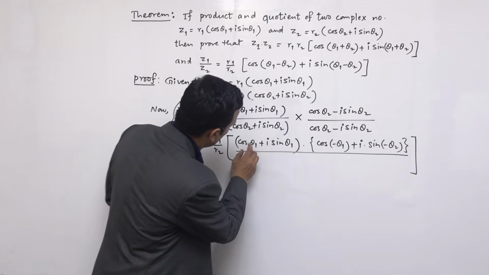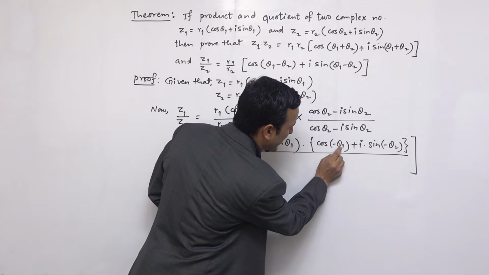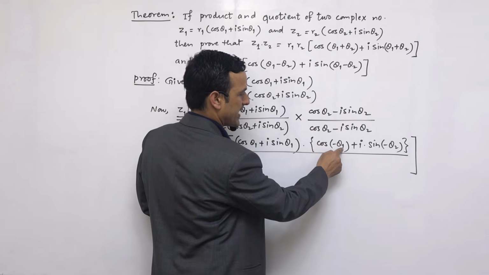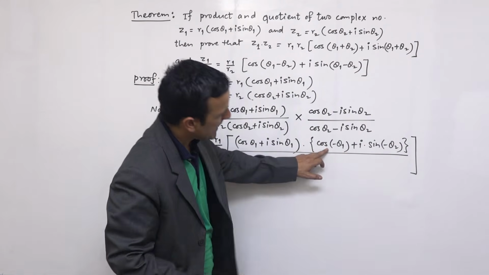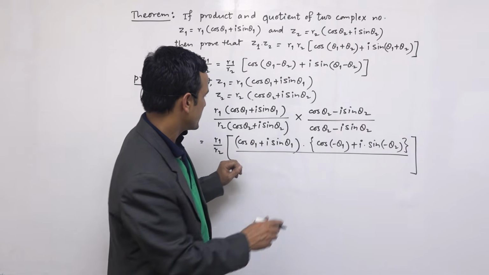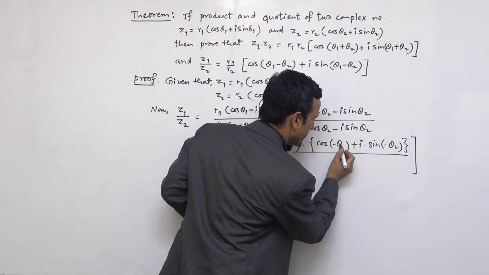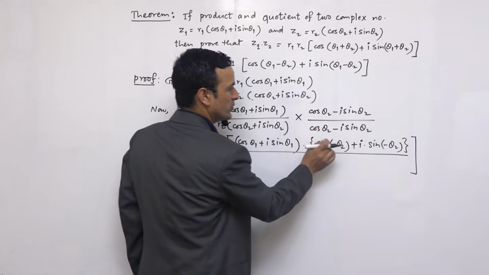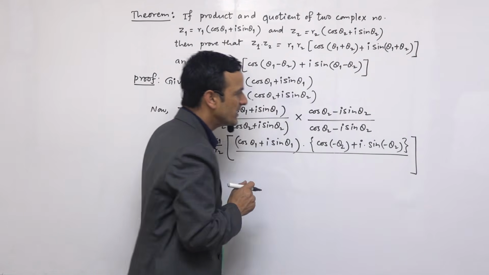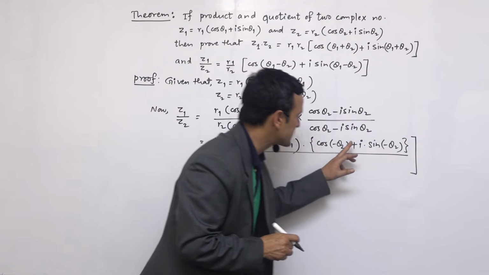Now we have to match the angle theta 1 and the angle theta 1, cos theta 1, cos minus theta 1 is cos theta 1 only, sorry it is theta 2 here, and i sin minus theta 2.